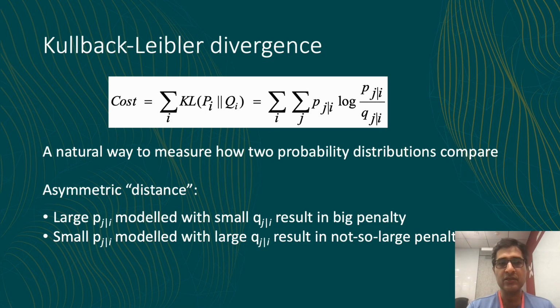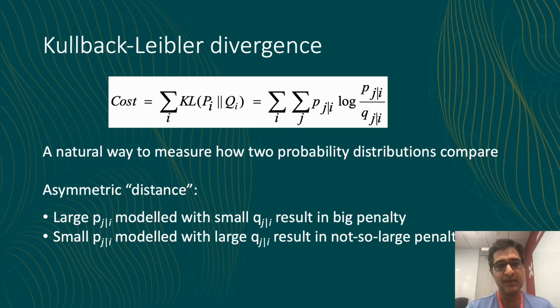And what this leads to is an asymmetric distance, because the measure of the distance, in case you were to invert P and Q, in case you were to replace P with Q and Q with P, does not remain the same.